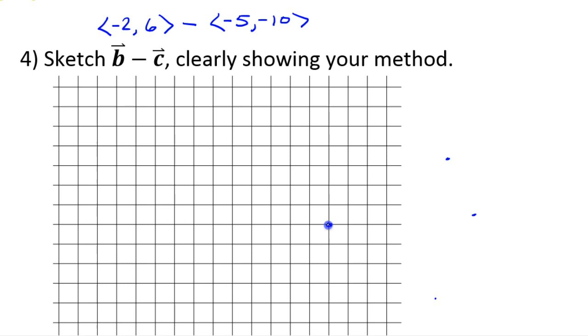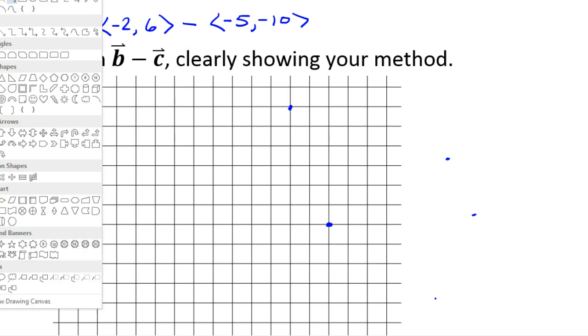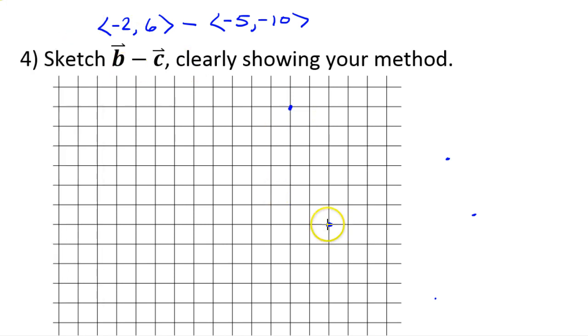So my first vector B is <-2, 6>. That means if this is the initial point, I'm going to go left 2 and up 6. So this should be my terminal point. So now I'm going to draw vector B from that initial point to that terminal point.